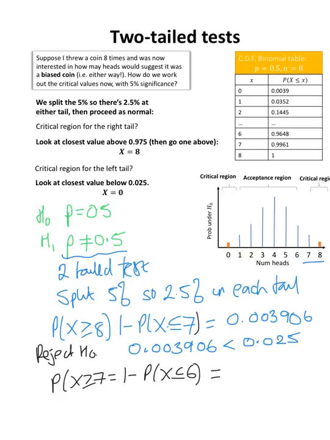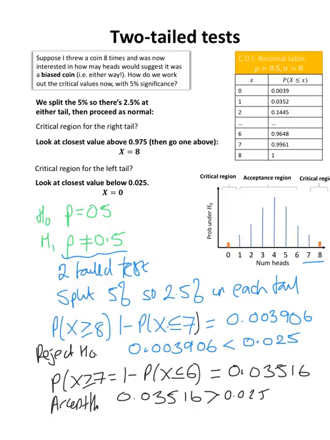And this gives us a probability of 0.03516, and 0.03516 is greater than 0.025, so we accept the null hypothesis. So we accept our null hypothesis for this value here.